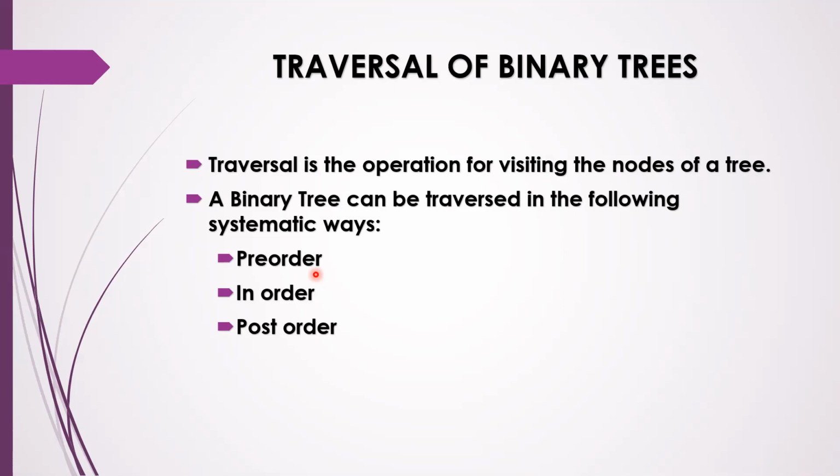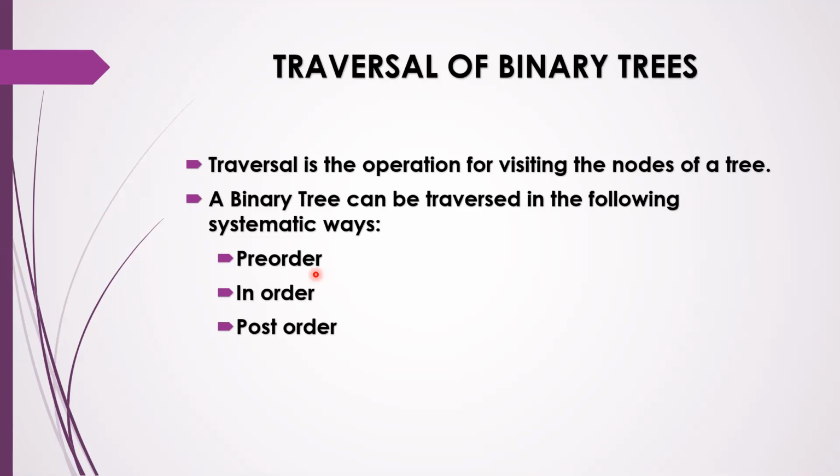If I visit the root node first, then the left child, followed by the right, this is called root, left, right ordering of nodes, and that is known as pre-order traversal.